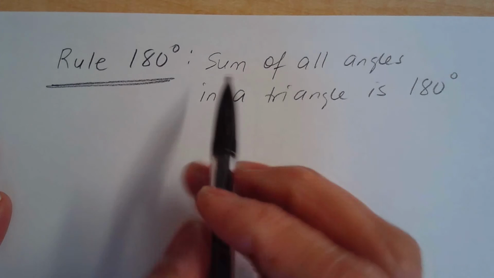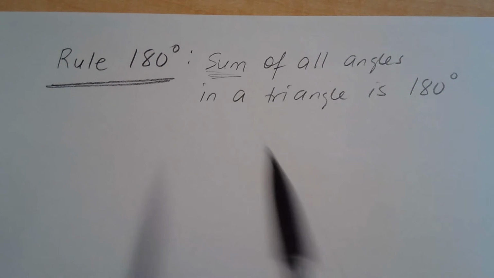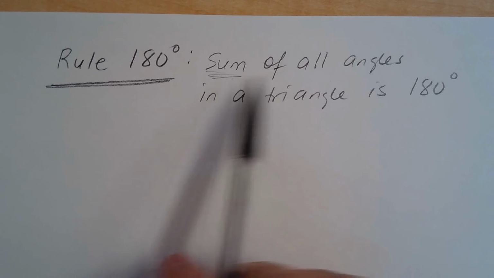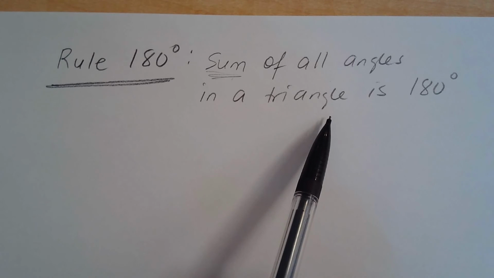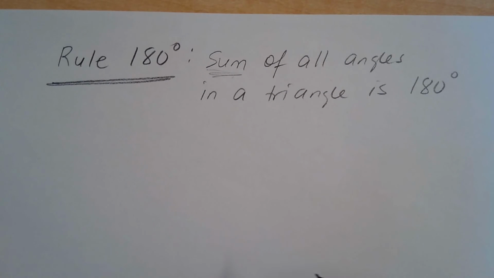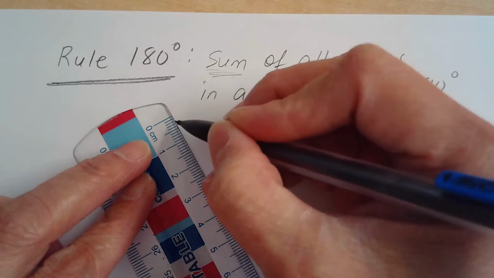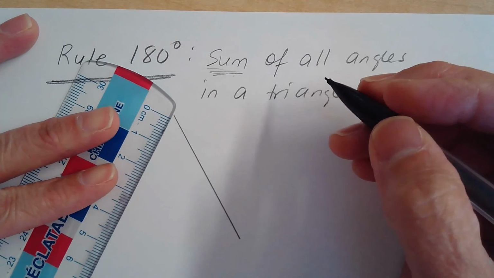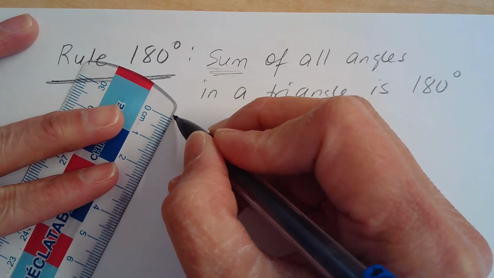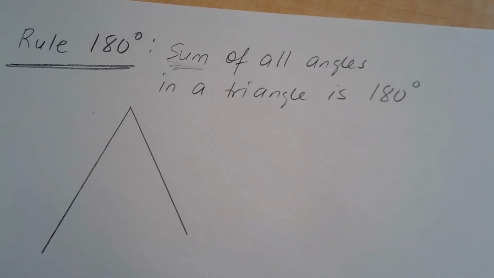The word sum tells us it's adding up, so when we add up all the angles, we're gonna get 180 each time. So any triangle, I'm gonna just create a random triangle.